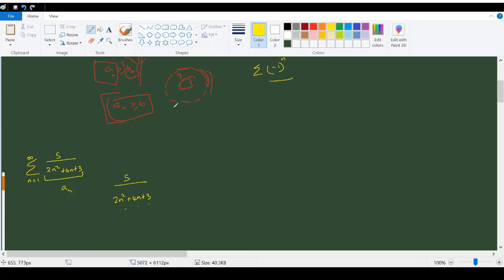So if we consider this denominator, since all these values are positive, if we eliminate two of these positive numbers, then the remaining value will be less than the original value, right? So that means 2n squared plus 4n plus 3 will be greater than 2n squared, okay?